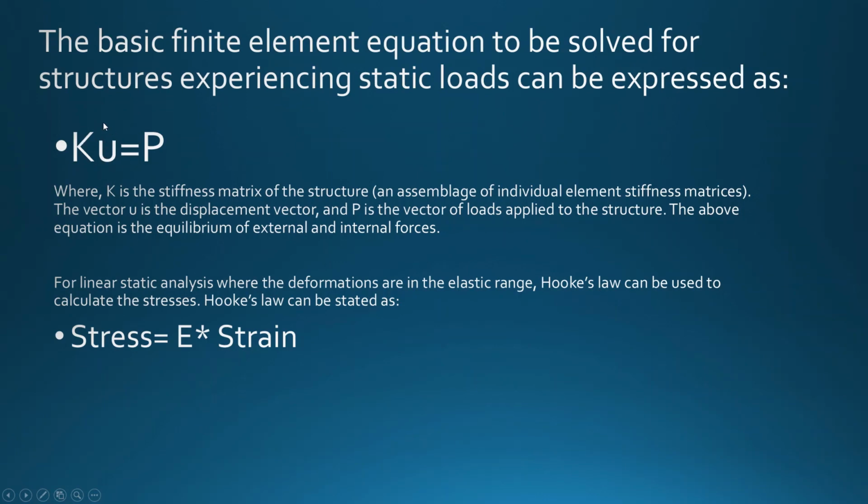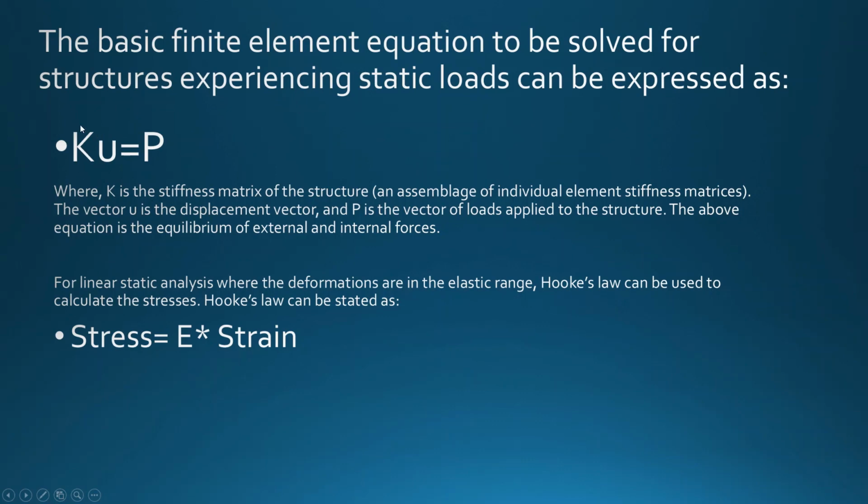Deformed stiffness matrix means the value of displacement, how much, because of this force, the stiffness matrix changed. So we are going to get that value. That value is U, that is the displacement.